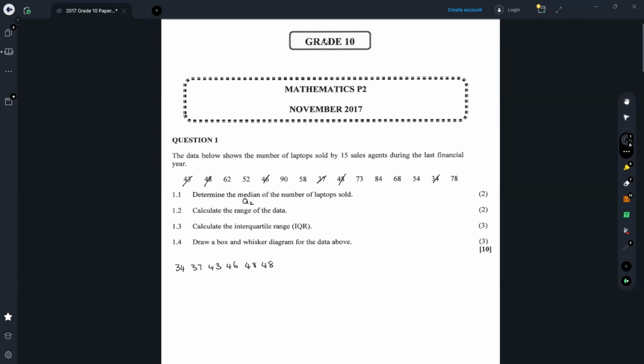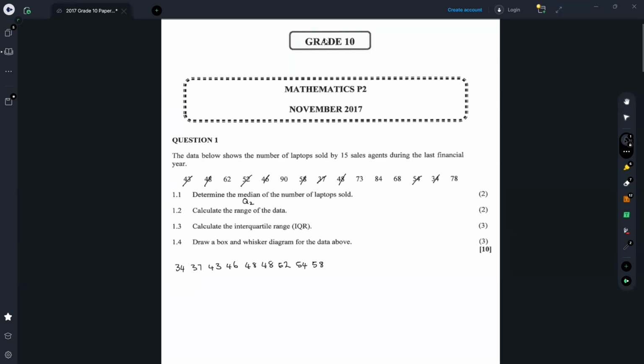Then what's the smallest number after this? I believe we're in the 50s now. So we have 52 first. And then I saw a 54. Are we done with the 50s? We have 58 here. Yeah. So we have 58.